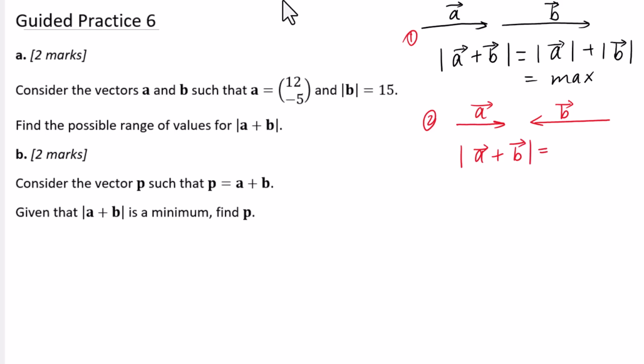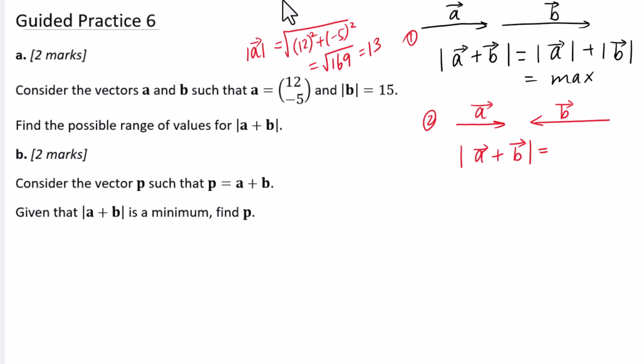equals, let's check the length of vector A and B. Which one is bigger? Absolute value of vector A equals square root 12 squared plus negative 5 squared equals square root 169 equals 13.